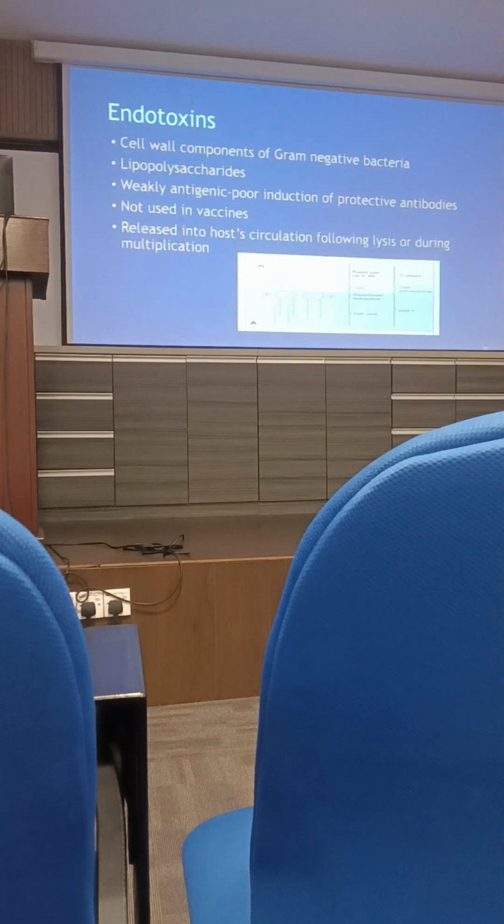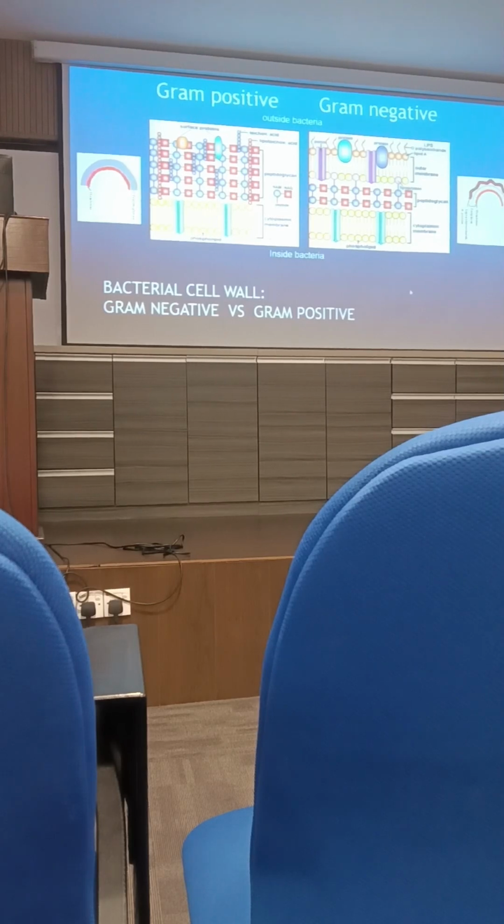The toxic part is the lipid A. This is just to remind you again that gram-negative bacteria have this LPS or endotoxin in the outer membrane. So if it is endotoxin, LPS, you must remember gram-negative bacteria only.